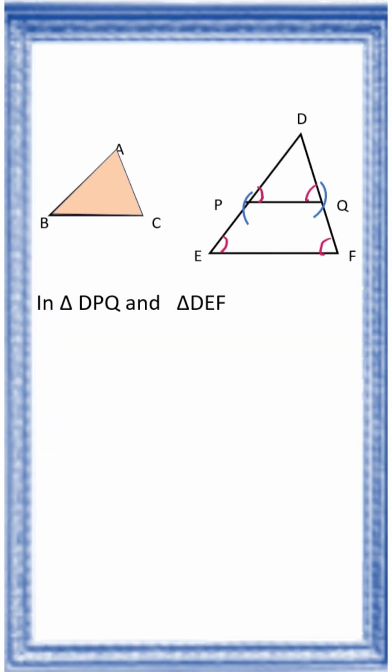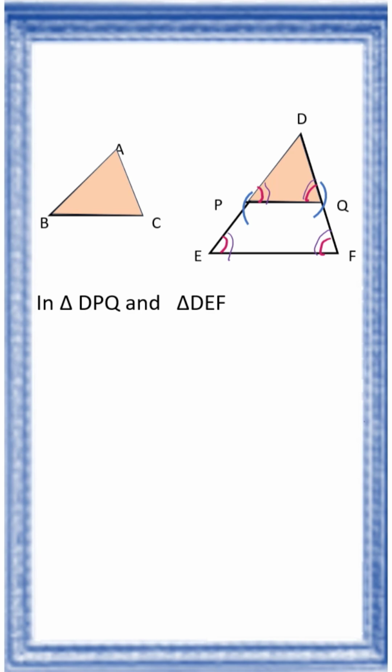So now we have angle P is equal to angle E, angle Q is equal to angle F. Angle P belongs to the triangle DPQ and angle E and angle F belong to the triangle DEF.